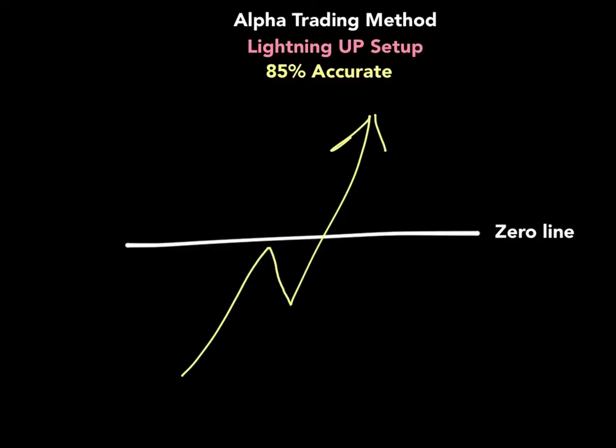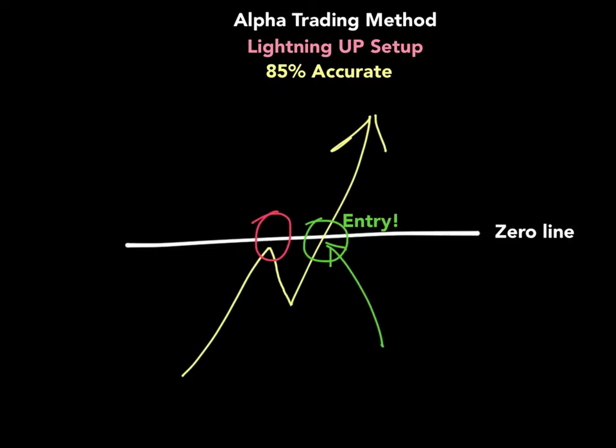The first stage occurs right on the zero line, close to the zero line, and then you have to choose a point of entry, which will be the break of that previous test. That will be your entry. I'm going to write this down, entry here. Why? Because we want to get in right at the break of that one.